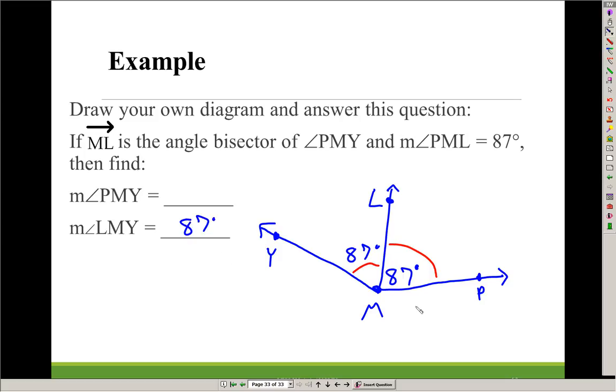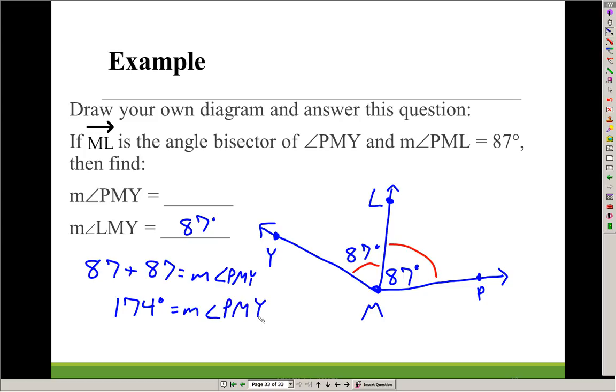And since angle PMY is the sum of the whole thing, I know that the parts add up to equal the whole thing. Part plus part equals whole thing. 87 plus 87 is 174 degrees. So the parts add up to equal the whole thing. 174 there.